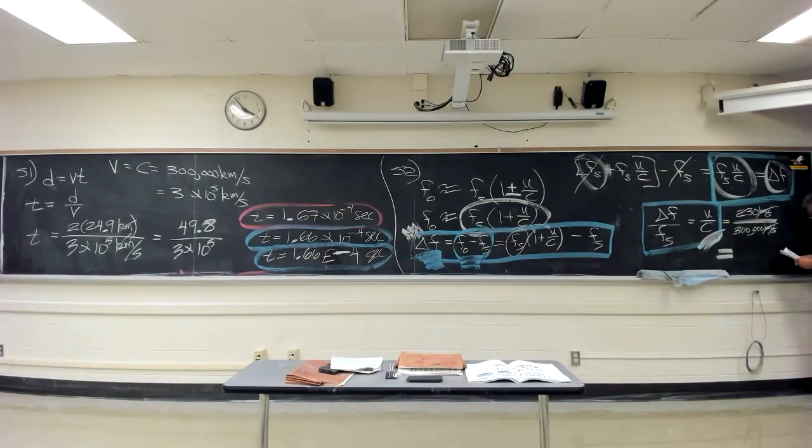I got 7.666 times 10 to the negative 4. That's equal to 7.6667 times 10 to the negative 2 percent.